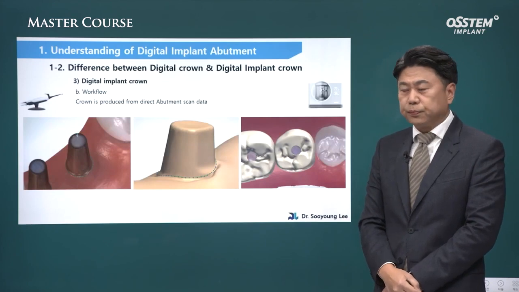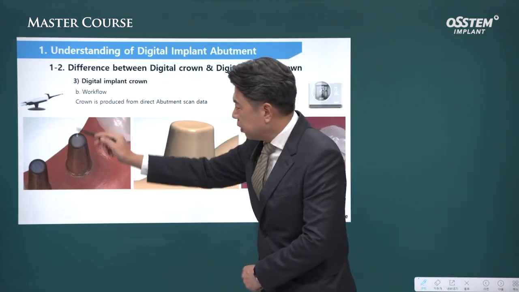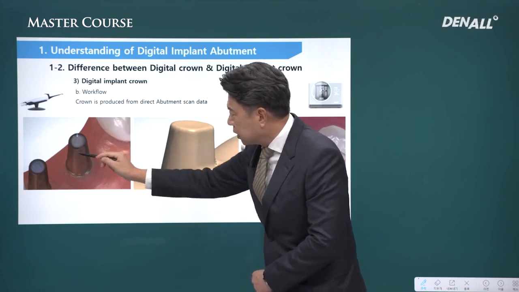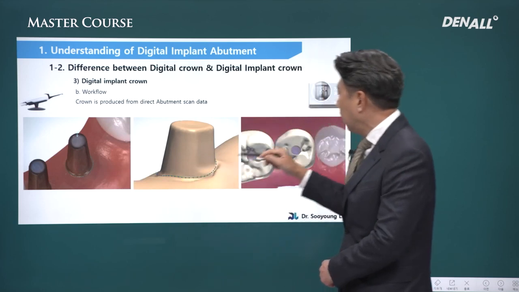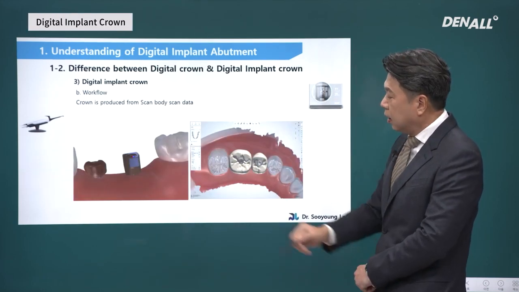So this is called digital implant crowns. The abutments are directly scanned using an intraoral scanner. There's a transfer abutment connected. It is scanned and the margin is set and designed.